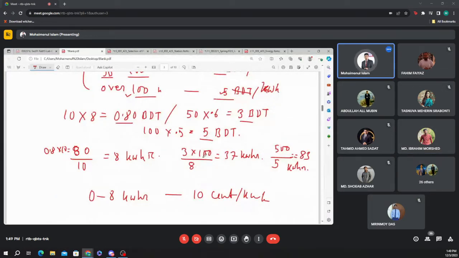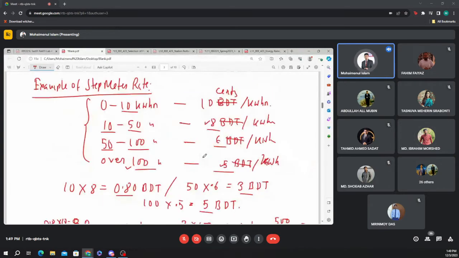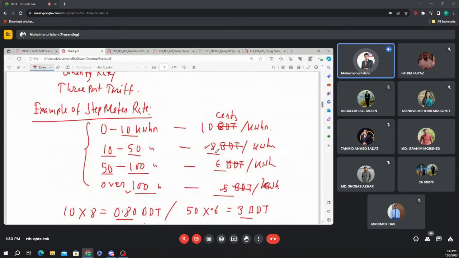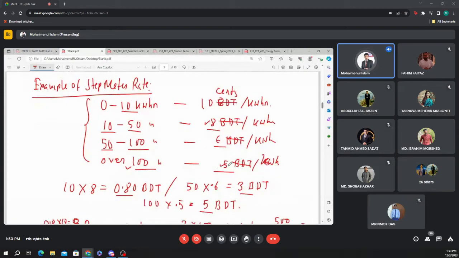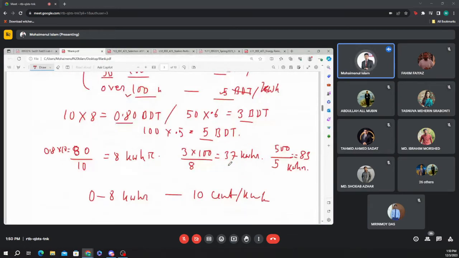Which one? Oh, this one. No, this should be 8. Okay, the top value, the previous one, upper end. We are considering the upper end. This upper end and this one. And this value should be 6, I guess. No, I think.